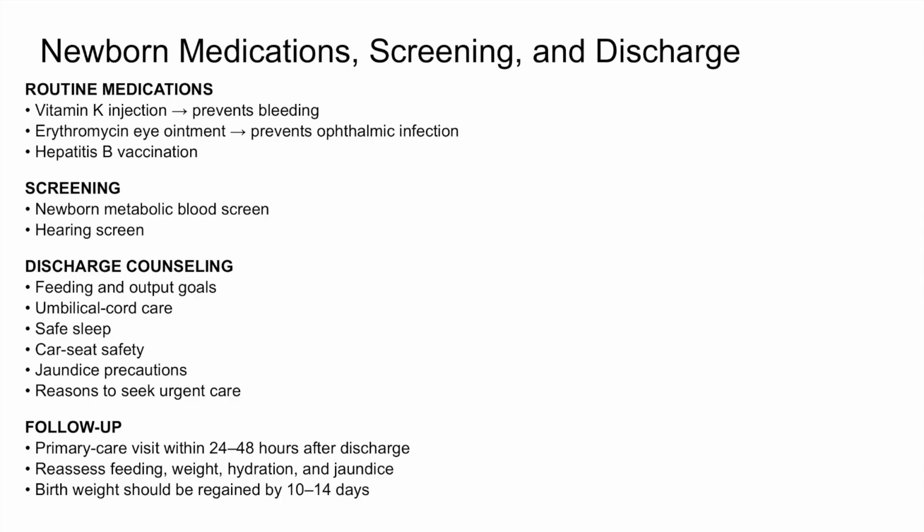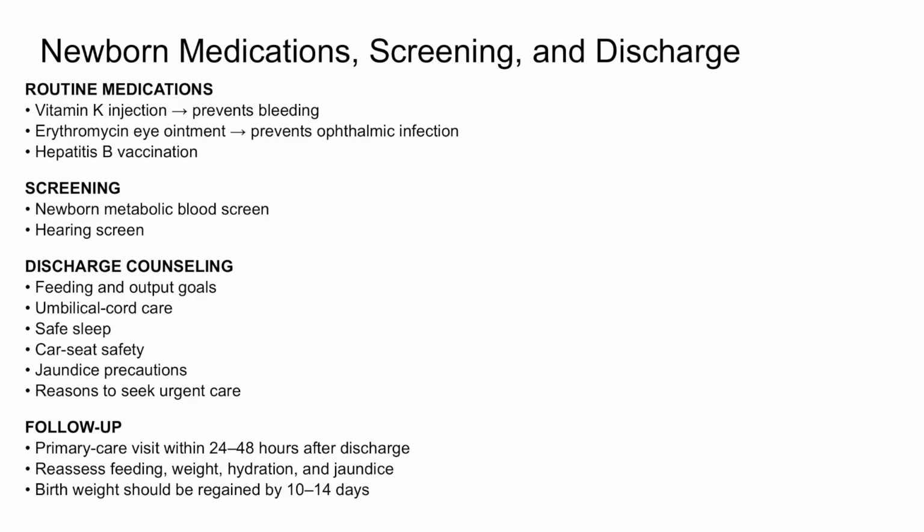Caregivers need clear instructions about safe sleep, rear-facing car seat, keeping the umbilical stump clean and dry, and monitoring jaundice and hydration. They should seek urgent care for fever, respiratory difficulty, cyanosis, marked lethargy, poor feeding, decreased urine output, or rapidly worsening jaundice. Early follow-up reassesses weight, feeding effectiveness, hydration, bilirubin risk, and the family's ability to care for the newborn safely.